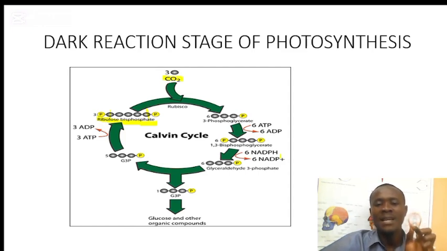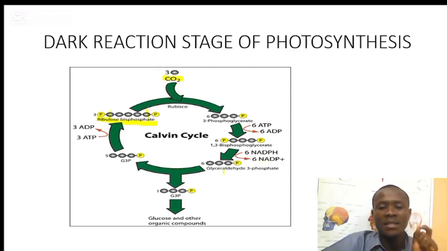So that's why I say the 6 molecules of NADPH will be oxidized to give us 6 molecules of NADP plus. This glyceraldehyde 3-phosphate is a 3-carbon compound.